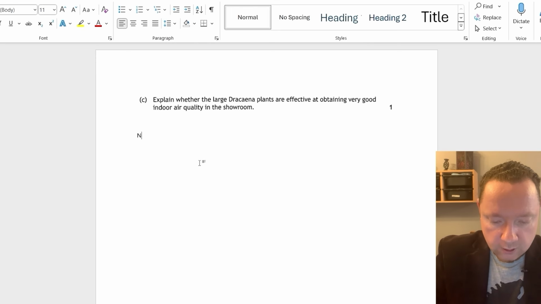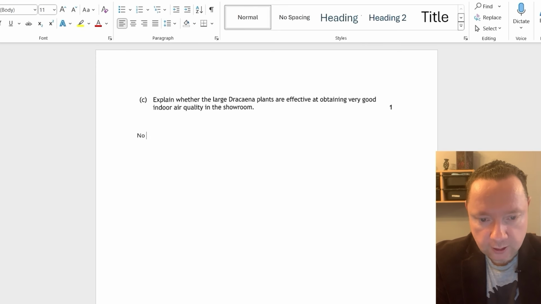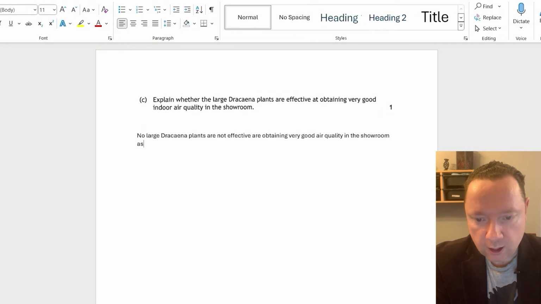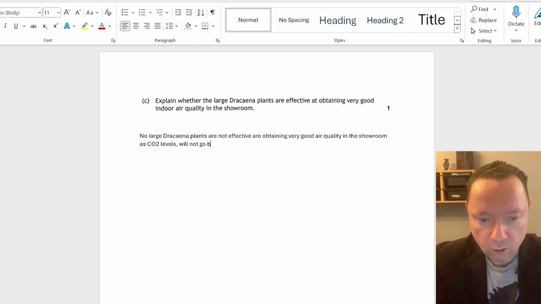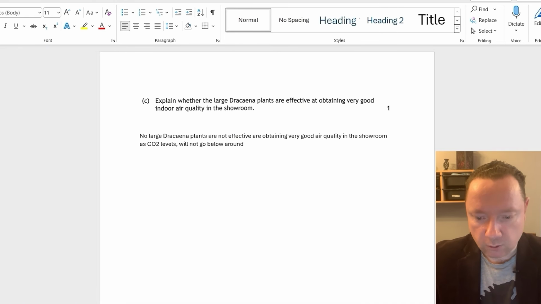So no. Large Dracaena plants are not effective at obtaining very good air quality in the showroom, as CO2 levels will not go below around, what do we get?